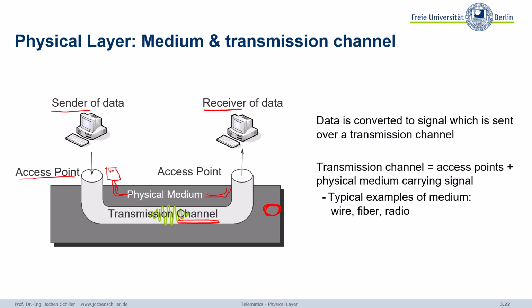But we know up here in our computer we have our data, our ones and zeros, and then the physical layer has to do something to convert this into a signal we can transmit. So that's the idea. Down here, we have our wires, we have fiber, we have radio communication, so the space around us.